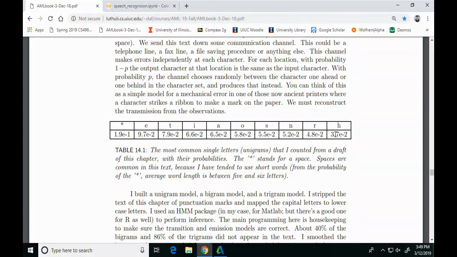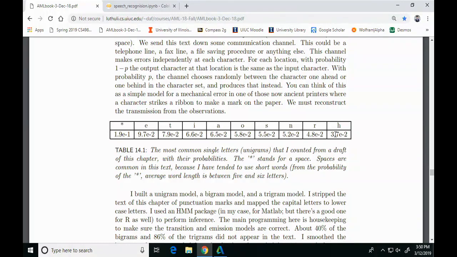That different letter is either going to be one ahead or one behind the actual letter. This is supposed to mimic old typewriters, which had a rotating head with all the letters around in a circle, and sometimes it'd be off by one. So this was actually a type of noise model that would happen.